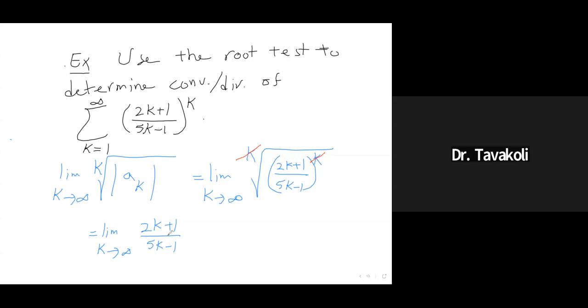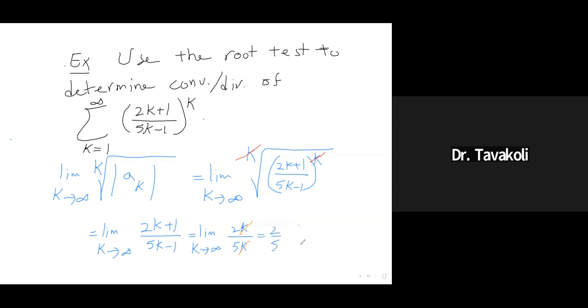As you know, since k tends to infinity, I keep the term with the highest power on the top, which is 2k, and the term with the highest power at the bottom, which is 5k. So this k and this k cancel out. So the result is 2/5.